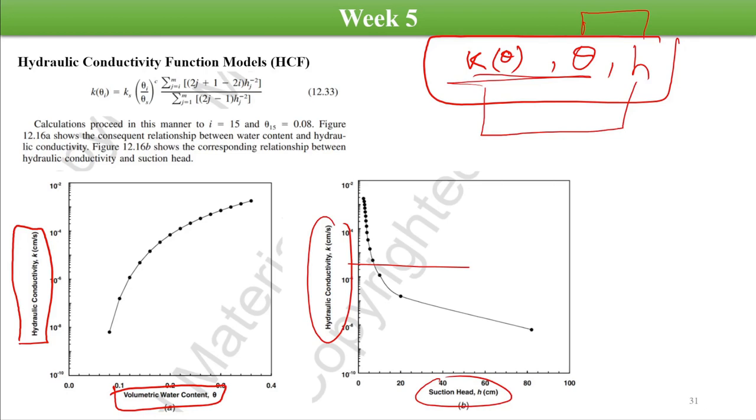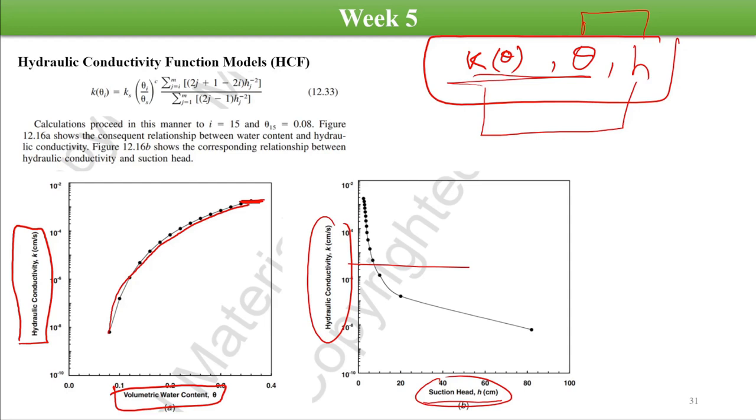In this plot, the hydraulic conductivity will increase as the volumetric water content increases. As the volumetric water content increases to the saturation level, the hydraulic conductivity will be maximum. Similarly for the suction, as the water content increases, the suction will decrease.